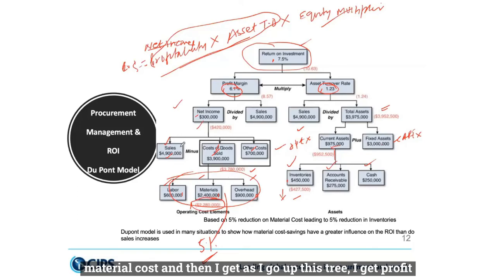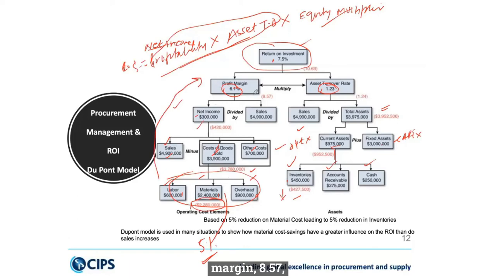And then, as I go up this tree, I get profit margin 8.57. I get assets, I reduce this much. As I go up, I get asset turnover 1.24. I multiply this by this, I get 10.63.